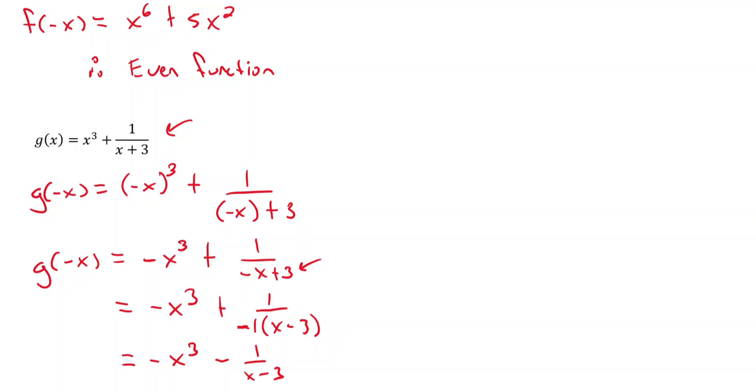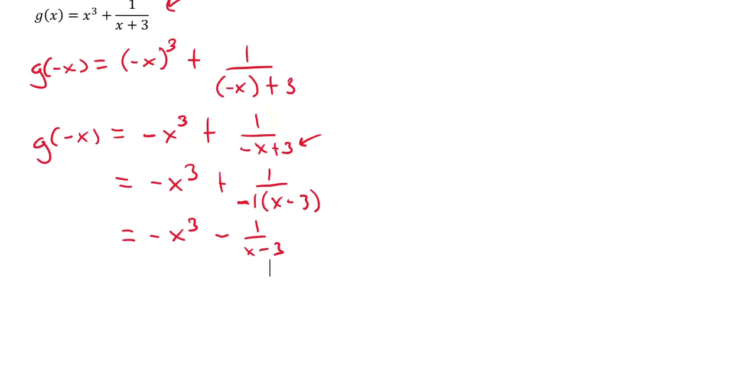Do you see that that's not going to be the same? It's very close, right? At this point I might say, okay, perfect, I can factor a negative 1 out of this, and then I'd have x to the 3 plus 1 over x minus 3. And that looks very close. But just notice that this is x minus 3 on the bottom, and this is x plus 3 originally.